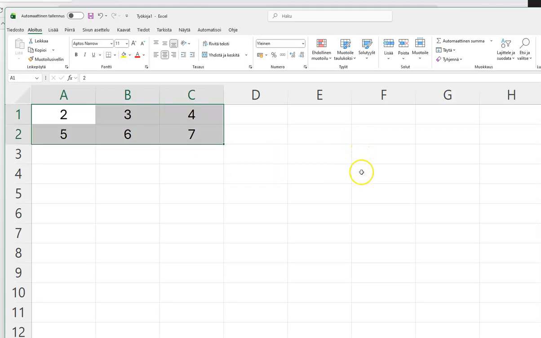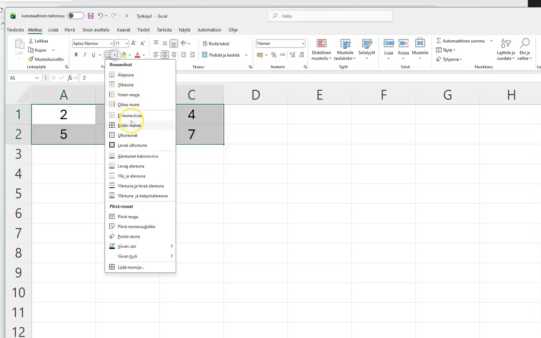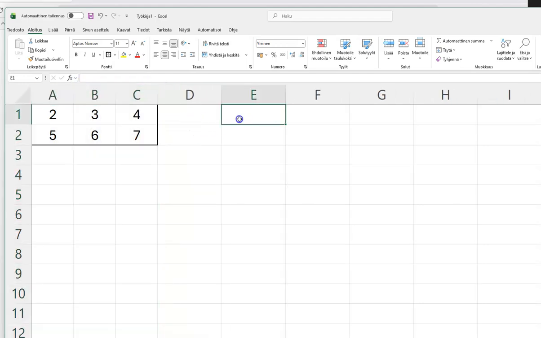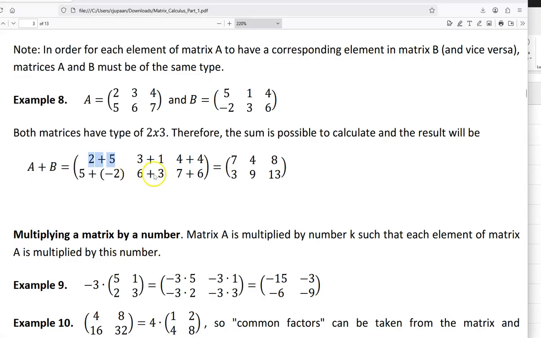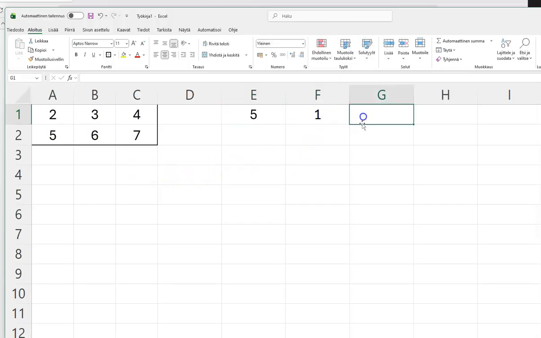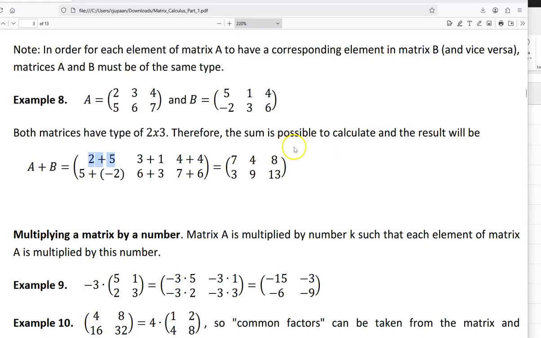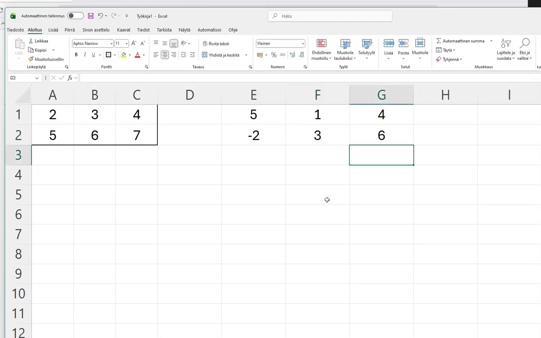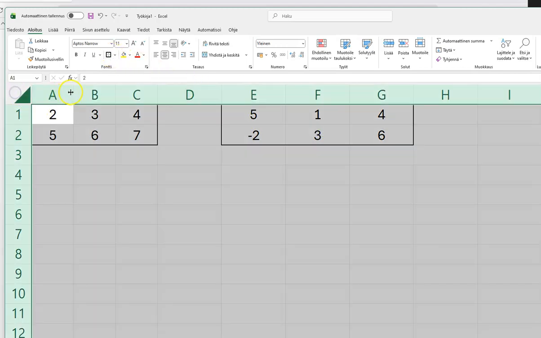When I calculate matrix operations with Excel, I many times enter the entries or elements of the matrix there, and then I get this kind of border, so I can see that here is some kind of matrix. And the second one: 5, 1, 4, minus 2, minus 2, was it 3 and 6, and I want to add these matrices.